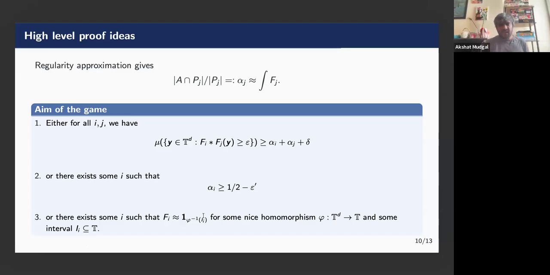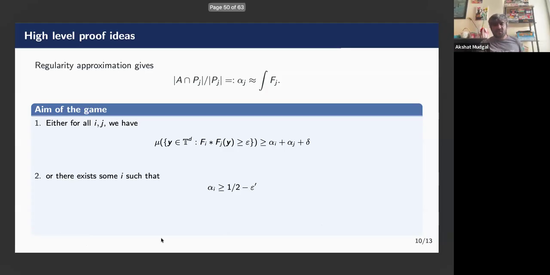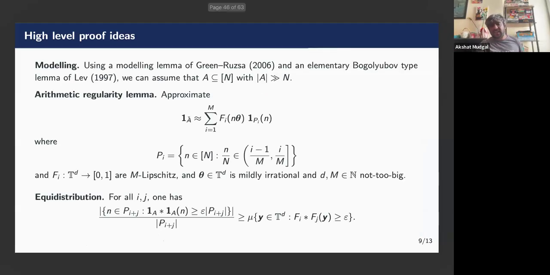Okay, so I have 2 minutes. I don't want to go into too many details. So maybe let me just take the last minute to convince you that this is exactly what I need. So remember, if you pick this block Pi, on this block, 1A roughly looks like Fi of n theta. If Fi was secretly the characteristic function of some inverse image of some interval, what am I saying?